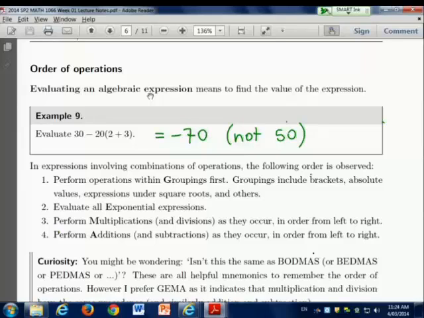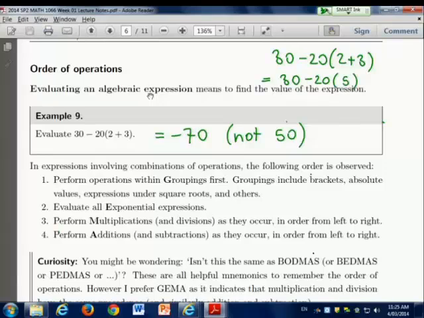But basically, what you want to do is all groupings first. These are the order of precedence of how you do things. So you perform operations within groupings first. What that's saying to us is that we needed to work out 2 plus 3 first. So 30 minus 22 plus 3 in brackets is equal to 30 minus 20 times 5.